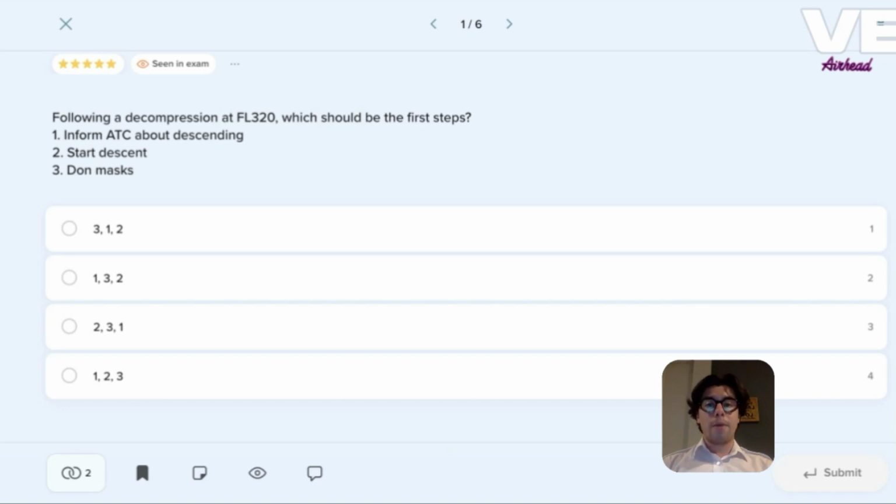If you are flying above 10,000 feet but below 13,000, you can do so with no oxygen for a maximum of 30 minutes. Any flight that goes above 13,000 feet needs to be equipped with oxygen. So in this case, the correct answer will be three at first for sure. So there's only one answer possible, which helps us with the rest.